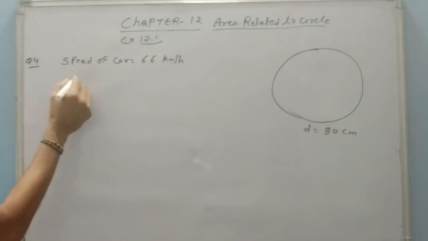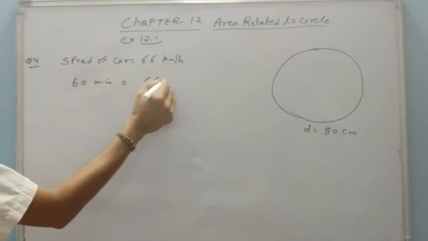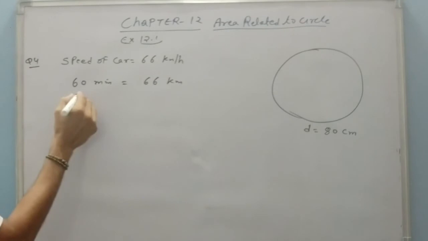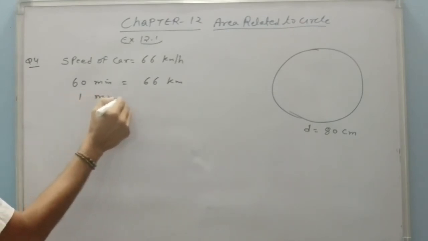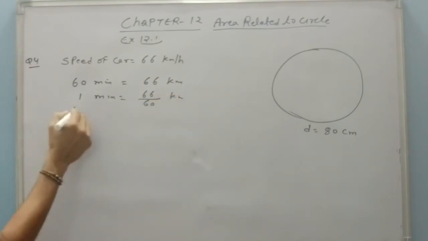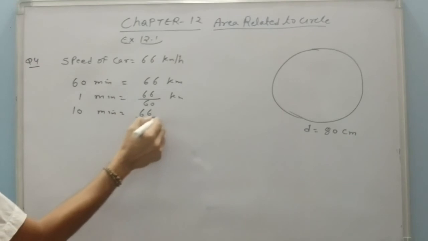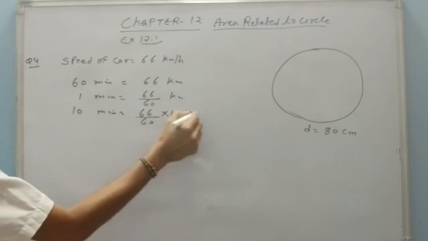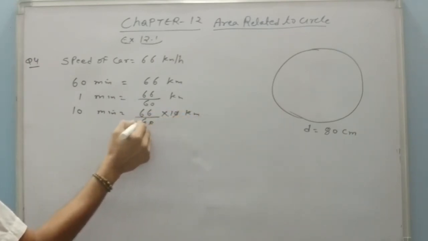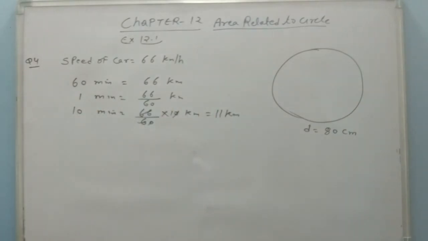It means in 60 minutes the car travels 66 kilometers. Then in 1 minute it will be 66 upon 60 kilometer. Then in 10 minutes it will be 66 upon 60 into 10 kilometers, or I can say it will be just 11 kilometer.